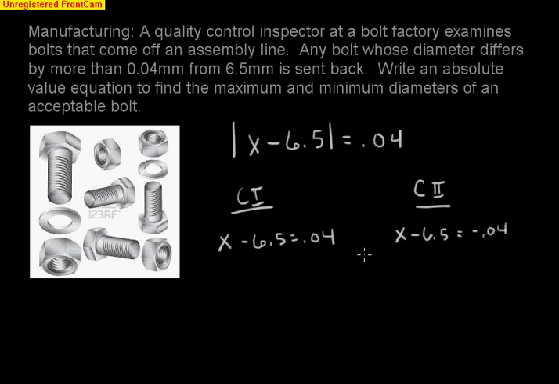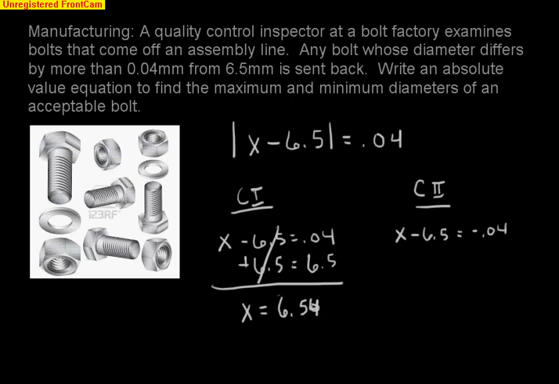So doing this, we're going to wind up over here now adding 6.5 to both sides. So x is going to equal 6.5 plus the 0.04, and we're going to wind up with 6.54 for an answer.